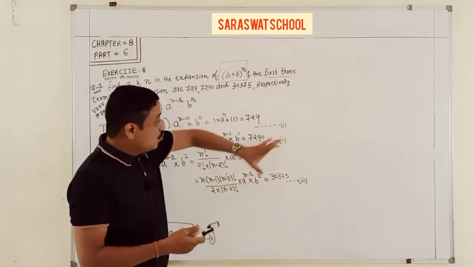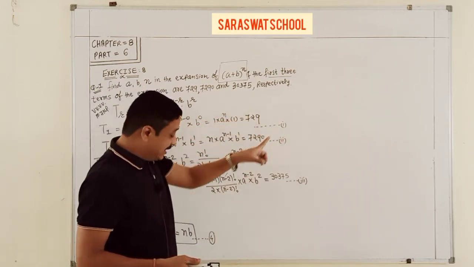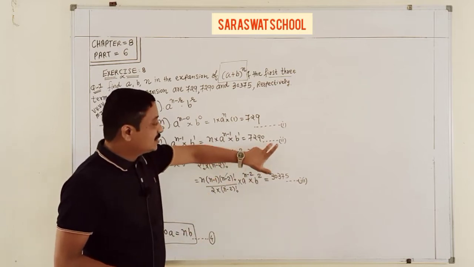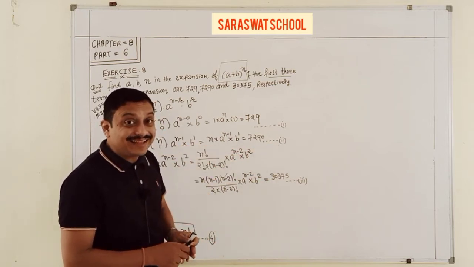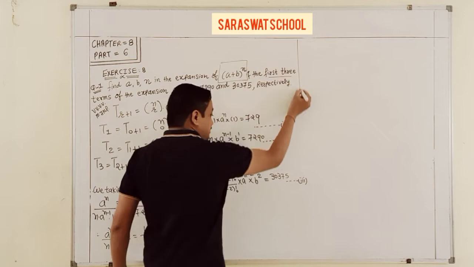Now I get 2 divided by 3, the same calculation.